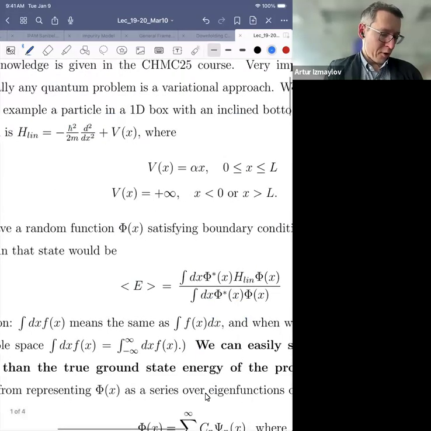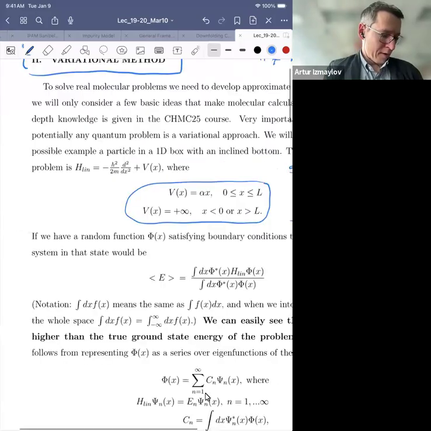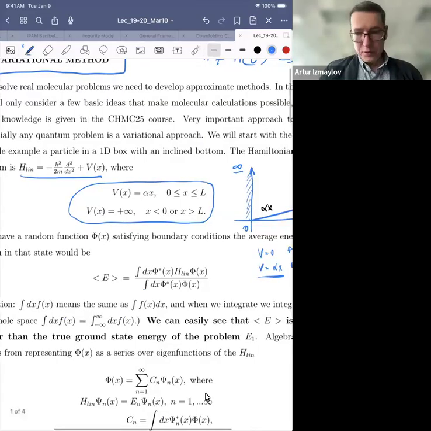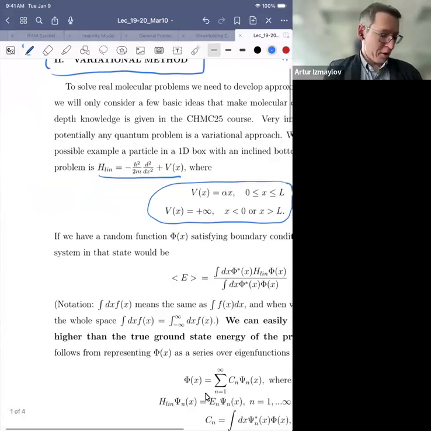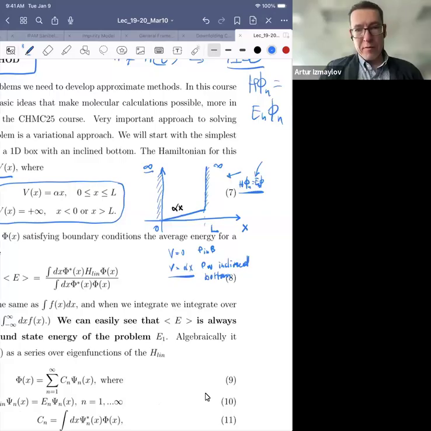So this is our potential. This is the Hamiltonian. But as you will see, the method is applicable to anything, with just a few restrictions. The Hamiltonian needs to have a bounded spectrum, meaning that the energies that we get in this equation are bounded from above or from below.